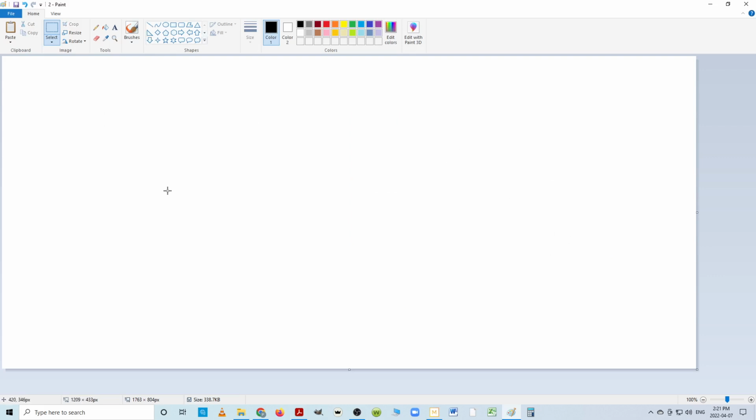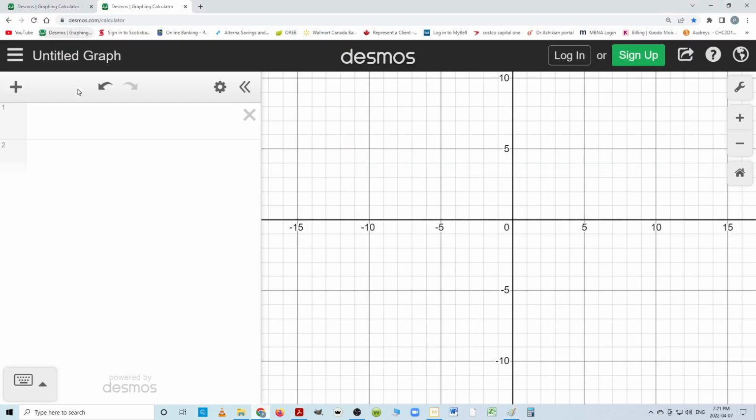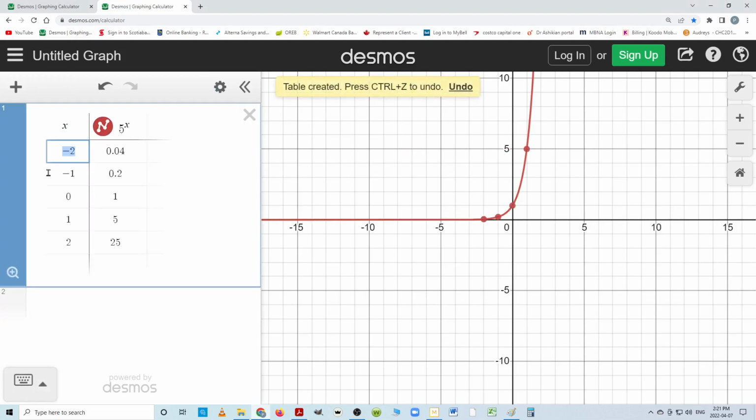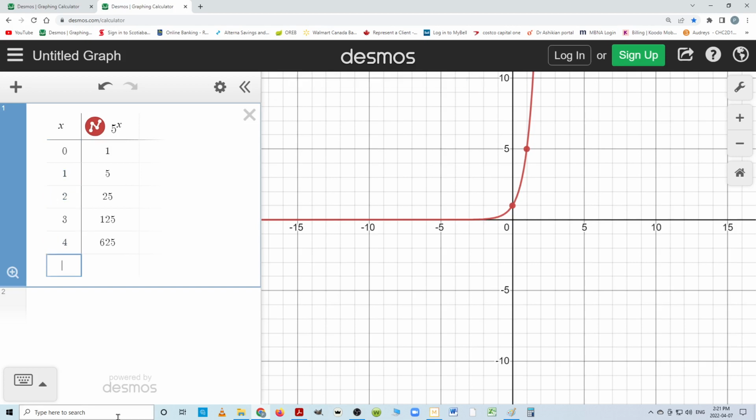I also want you to get into the notion that if I have y equals 5^x, and I make a table of values, let's take 0, 1, 2, 3, 4, and just quickly study those.